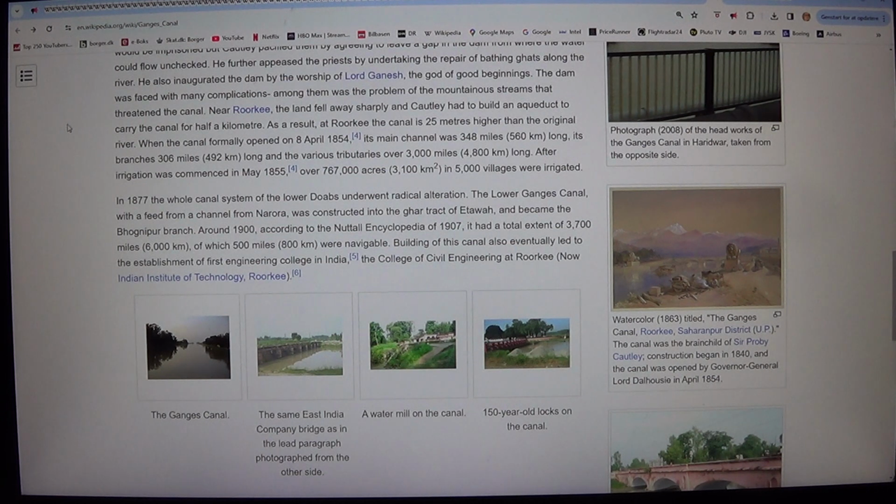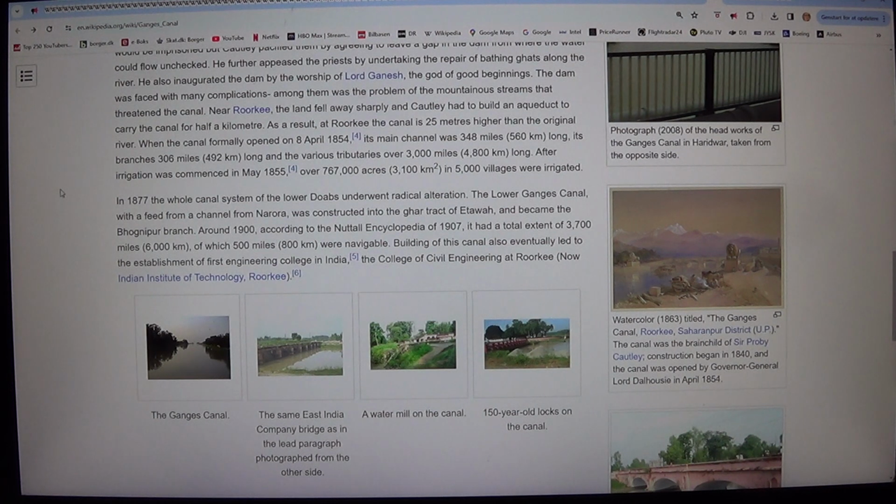When the canal formally opened on the 8th of April, 1854, its main channel was 348 miles, 560 kilometers, long, its branches 306 miles, 492 kilometers, long, and the various tributaries over 3,000 miles, 4,800 kilometers, long.